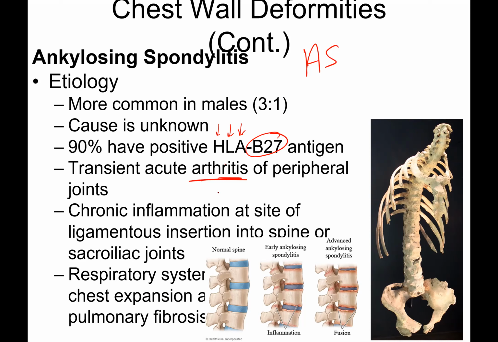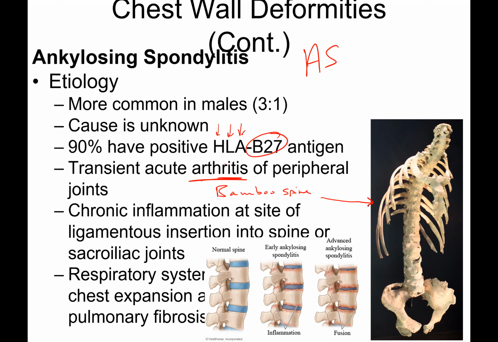It's also known as bamboo spine. Okay, if you look at that, it kind of looks like the bone is turning into bamboo. Bamboo has a certain look and characteristic to it. So this slang is called bamboo spine.